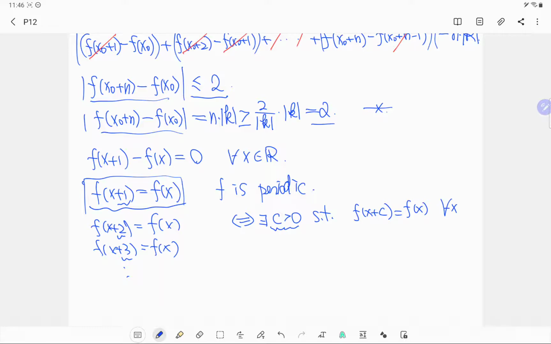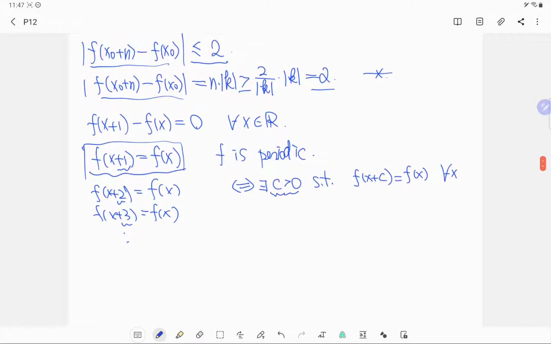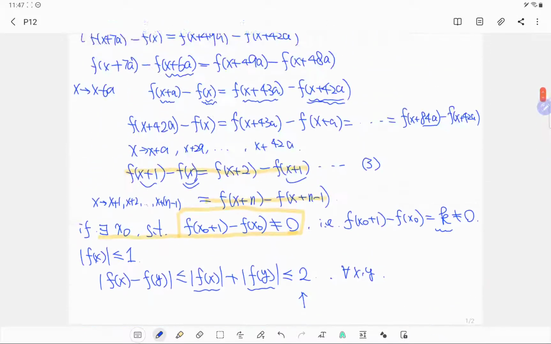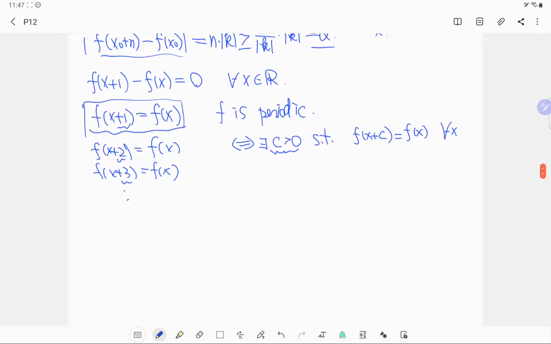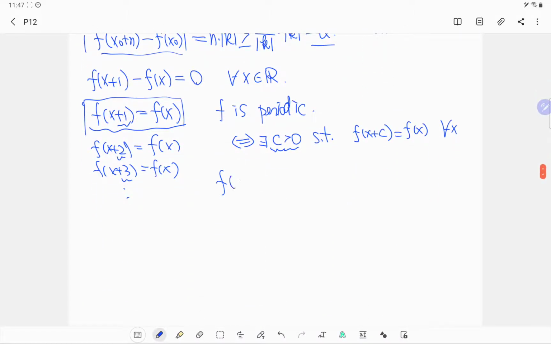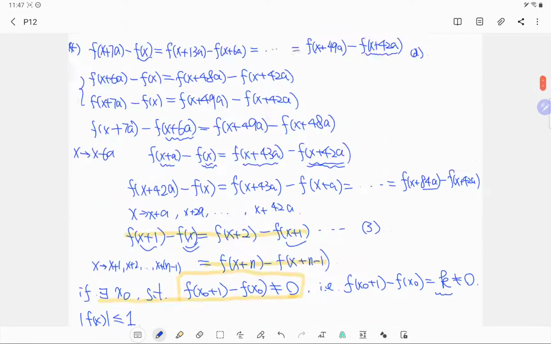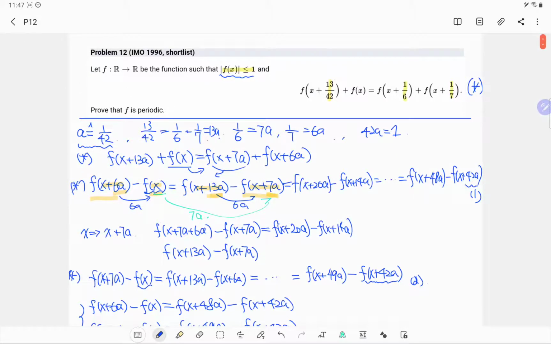Let's say it may be a fraction of 1, or at least we can construct a function like if we have f of x plus 1 over 42 equals f of x, then if we substitute back into the original equation, we will have this term equals this term equals this term equals this term.